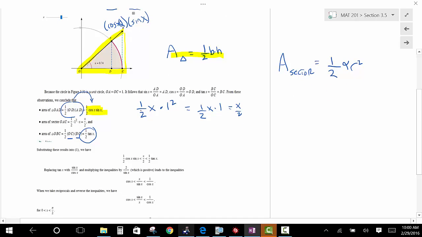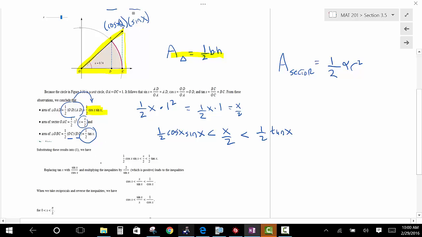These are the three things that we have: 1/2 cosine x sine x is less than x over 2, which is less than 1/2 the tangent of x. That comes from that original inequality I did.